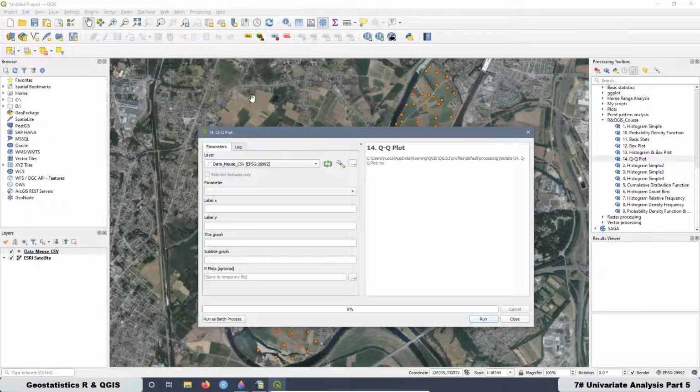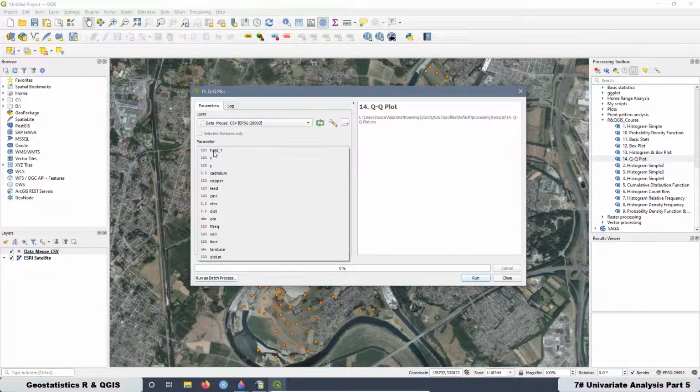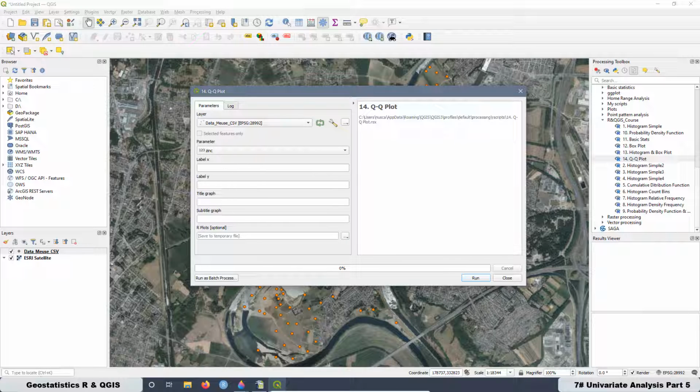Here I'm going to add the parameter zinc. The X label is going to be normal theoretical quantiles. For the Y axis it is going to be observed quantiles, zinc in ppm. The title of the graph is going to be QPlot, and the subtitle is going to be raw data.